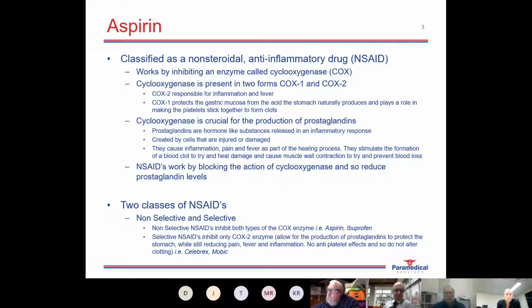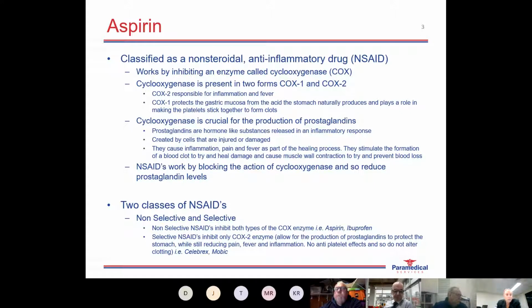COX2 is responsible for inflammation and fever, and COX1 protects the gastric mucosa from the acid the stomach naturally produces. It also plays a role in making the platelets stick together to form clots. You'll see when we look at the actions, the adverse effects, and the contraindications of aspirin, where that all fits in when we talk about COX1 and COX2.